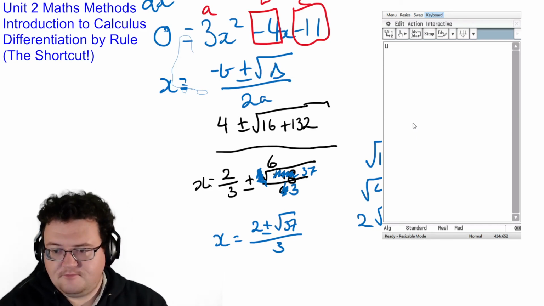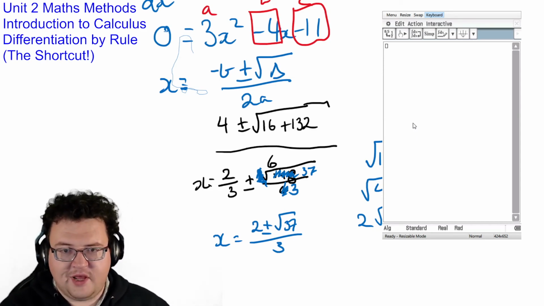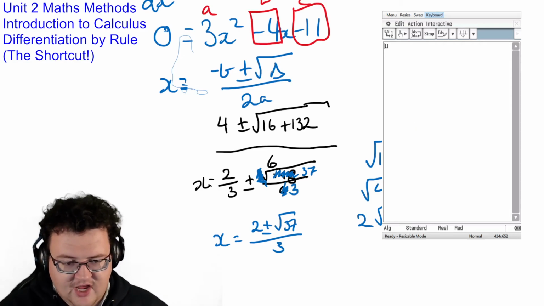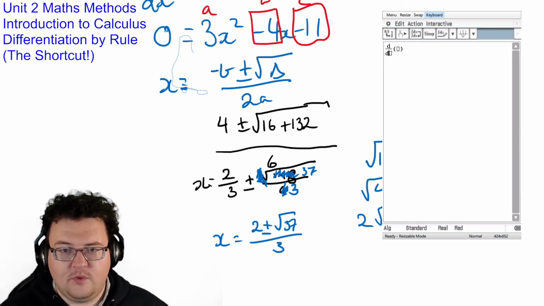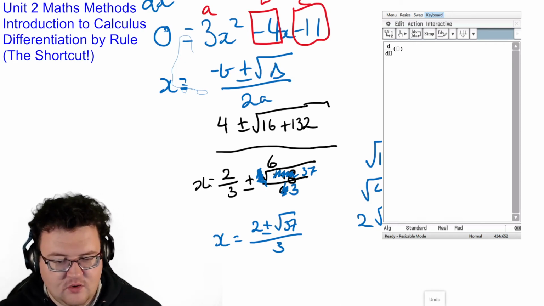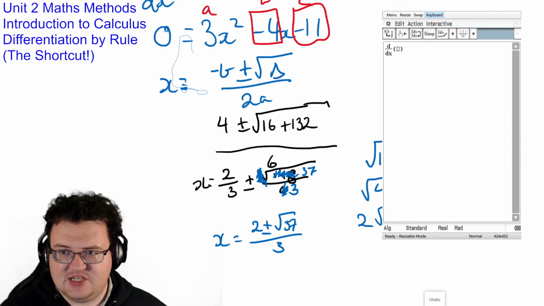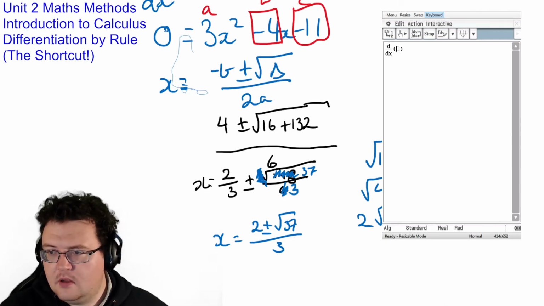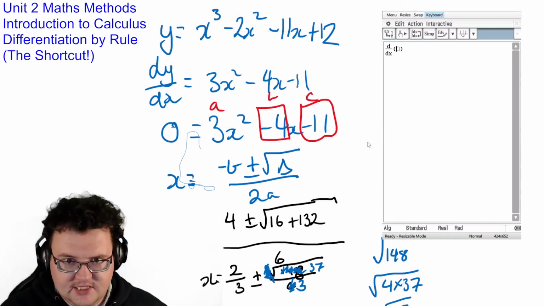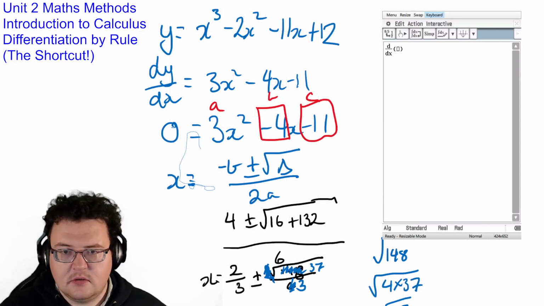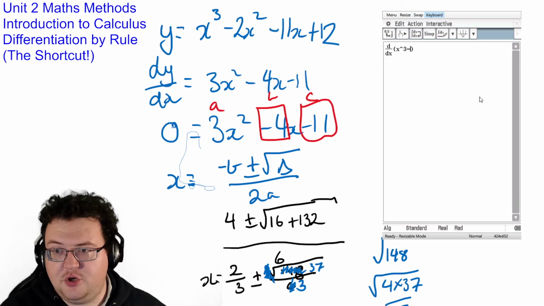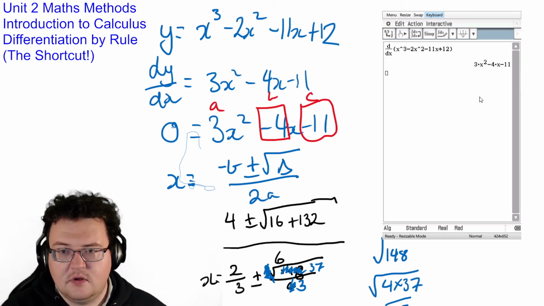So what we're going to do is using our CAS under Math 2, we have this lovely second column, third one down, we have this d dx. And what we're going to do is find d dx of our x cubed minus 2x squared minus 11x plus 12 comes out with that.